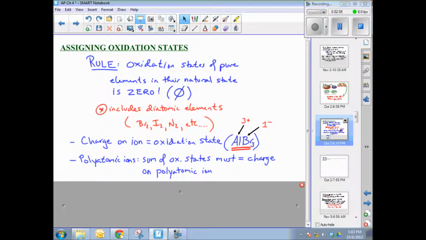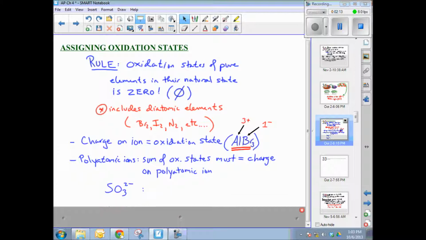The sum of the oxidation states within the polyatomic ion must equal the overall charge on the polyatomic ion. So let's do an example of this. Here's the sulfite ion, SO3 2-. So the overall charge on that polyatomic is 2-. Now, a safe assumption in most cases, with one exception that we'll talk about in a minute, is that oxygen has a 2- oxidation state.